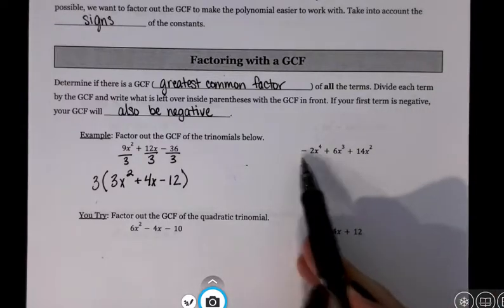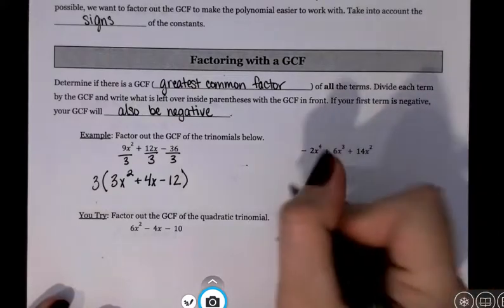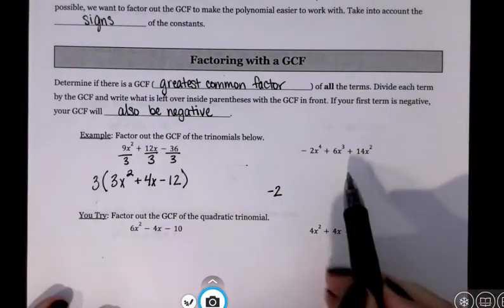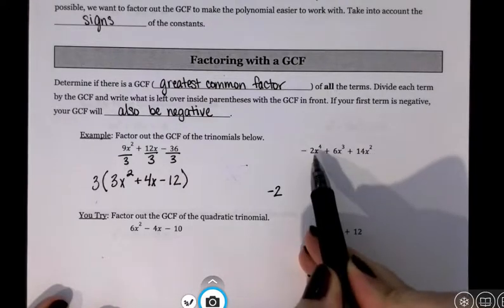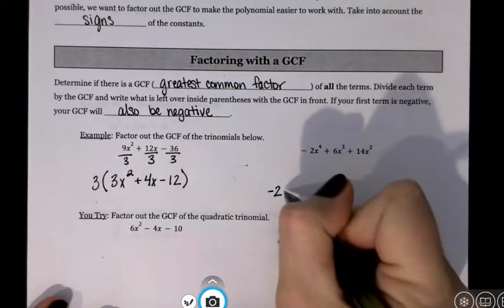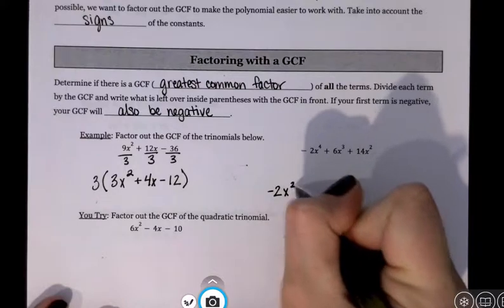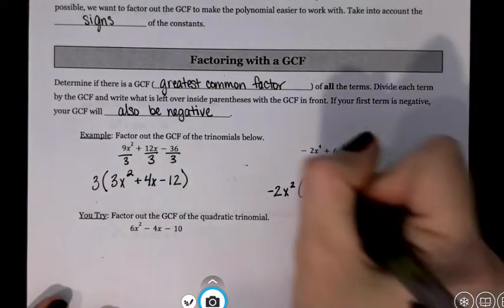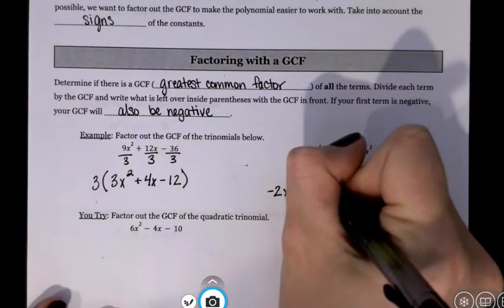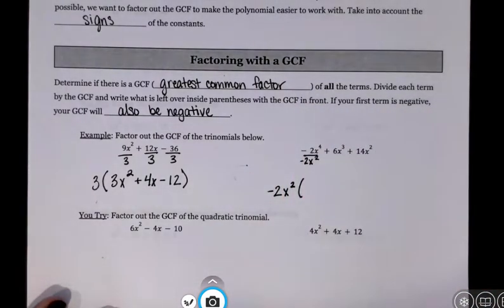And we said our GCF is negative. Then I look at x to the 4th, x to the 3rd, and x squared. I can take 2 x's from each of them, so that's going to be x squared. This is my GCF. I put this out in front, so I'm going to divide each term by negative 2x squared.